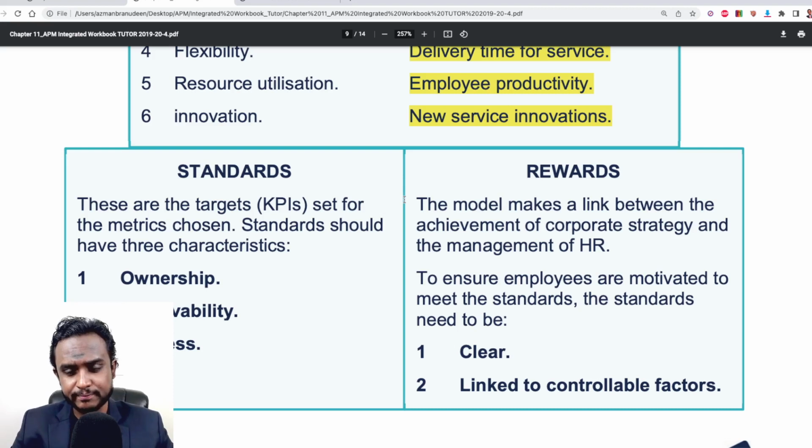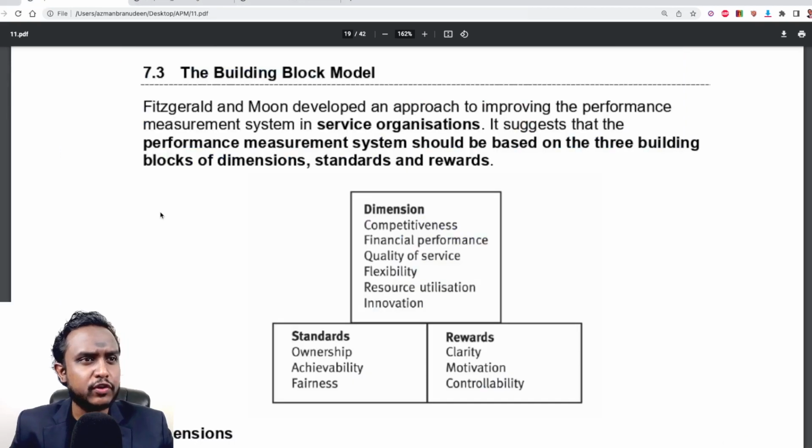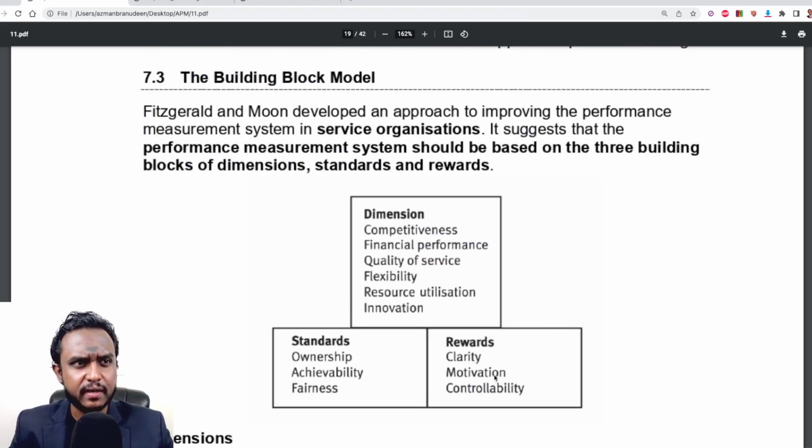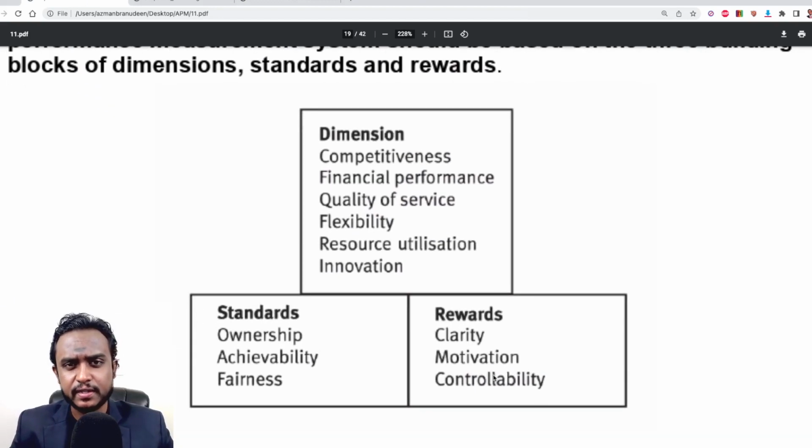So they should be rewarded based on clear and controllable targets. Overall, the whole point of rewarding is motivation. Rewarding should be clear, and clarity also means it should be transparent.